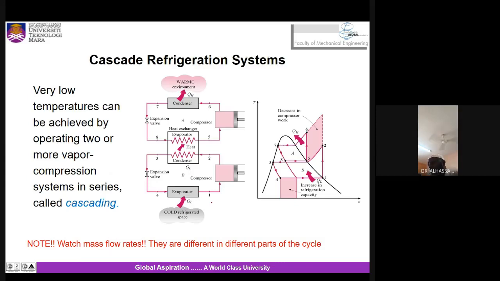So let's say we have refrigerator number 1, or refrigerator A. So what happens in this refrigerator is, let's start with the B part first. In the B part, heat is taken from the refrigerated space into the evaporator.